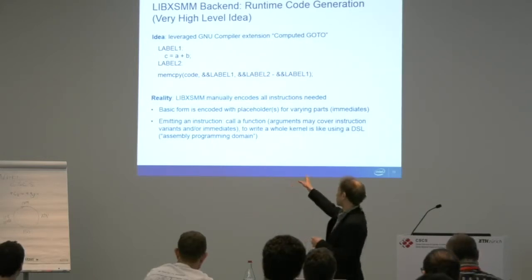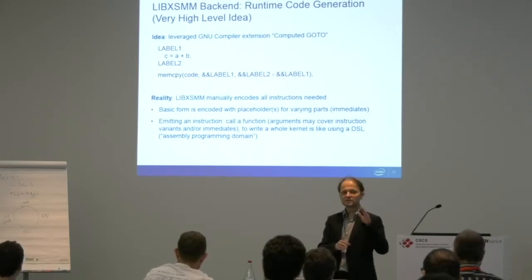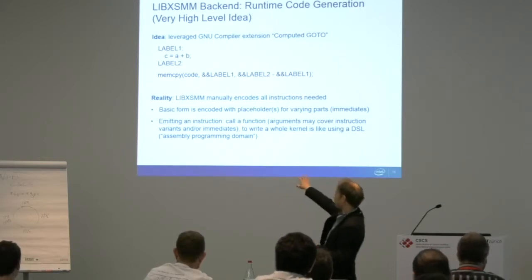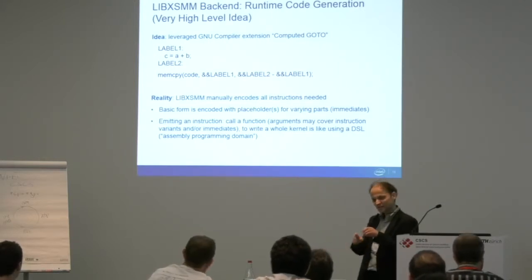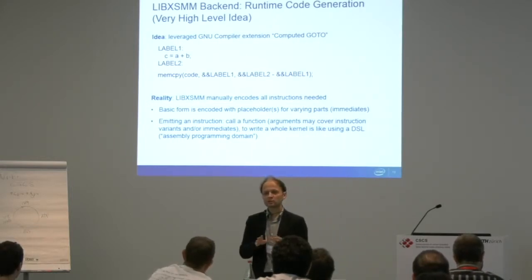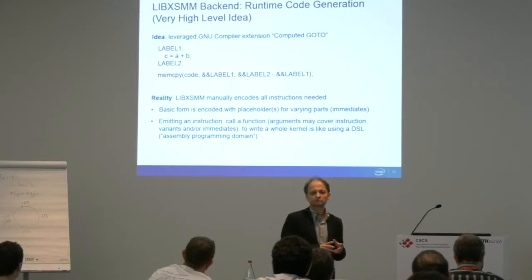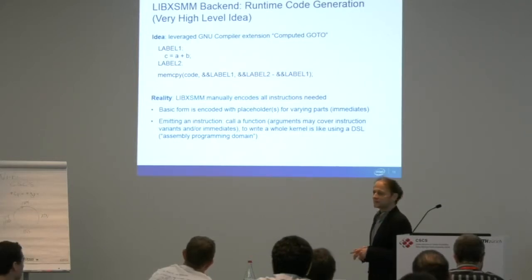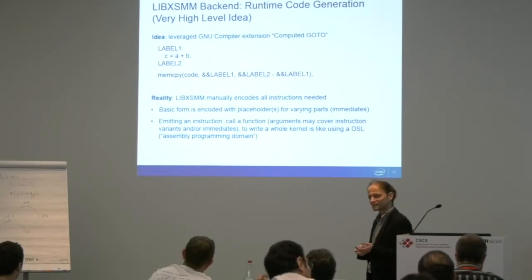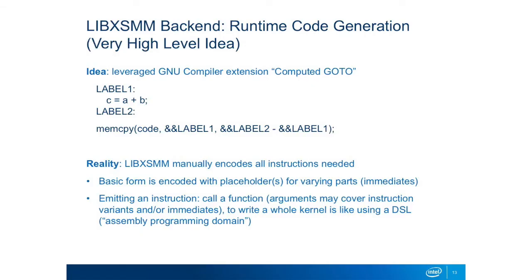So you can do memcpy and copy the code that is between these two labels. Surprisingly enough, you have this double ampersand, which takes the address of a label. The feature is called computed goto. And it copies the code. This is just a simplification. It's for fun, right? It's for your entertainment, how curious things you can do with the C compiler.